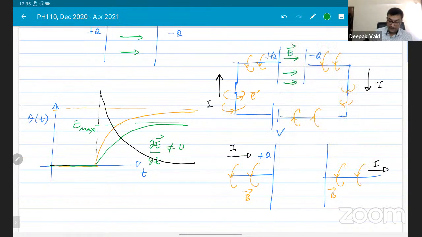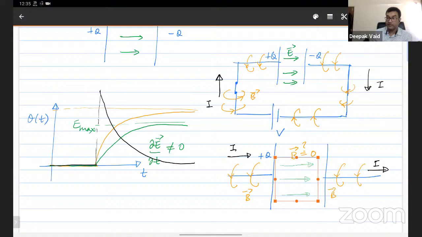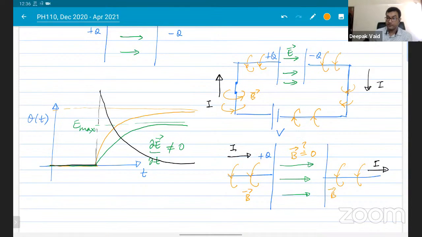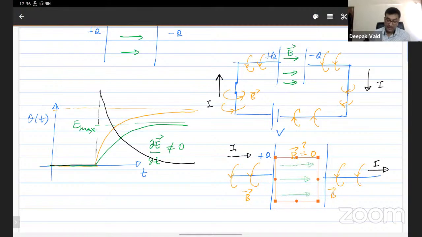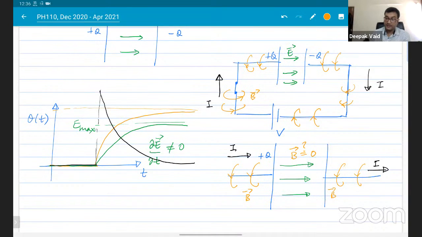Now, what happens in between the plates? In between the plates, is the magnetic field equal to 0? Because I don't have any current flowing between the plates. I don't have any charges that are moving between the plates. I have an electric field that is increasing, but there is no physical movement of charge from one plate to another plate.